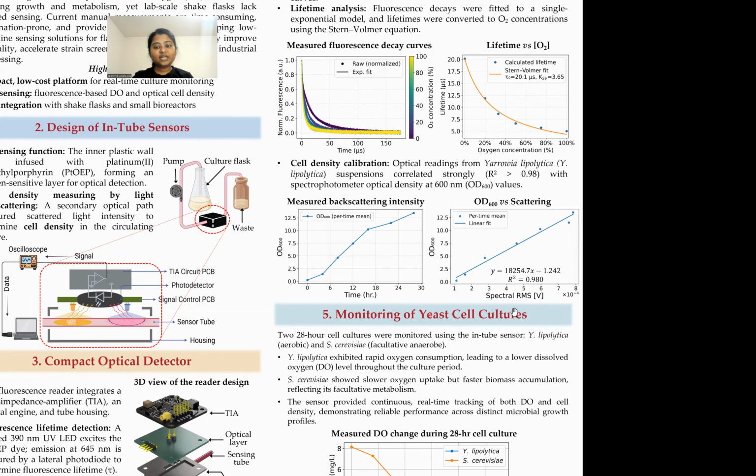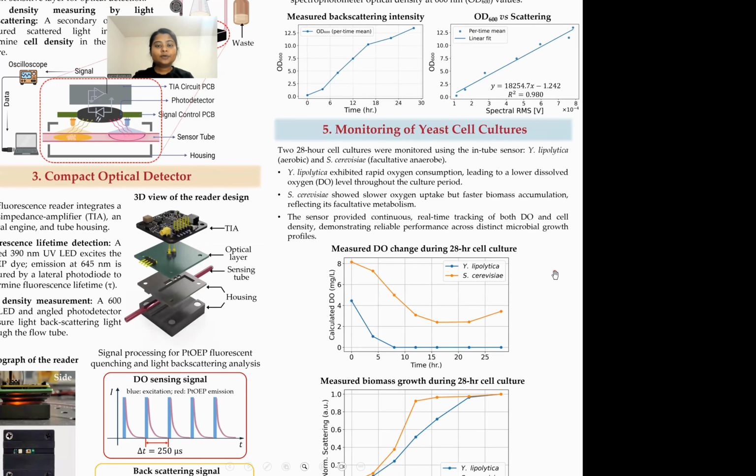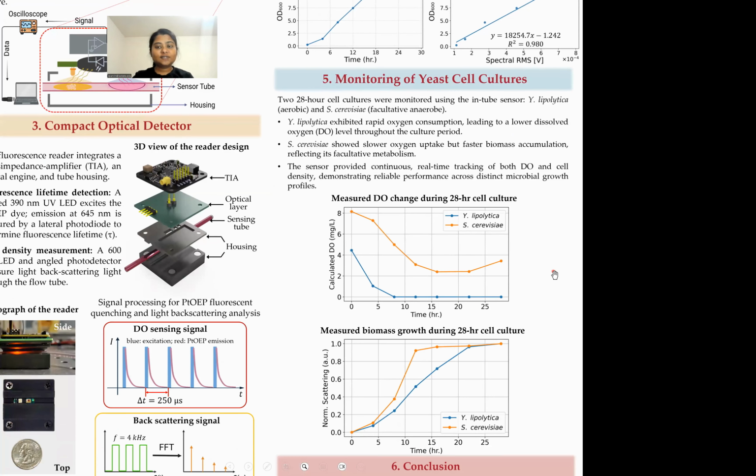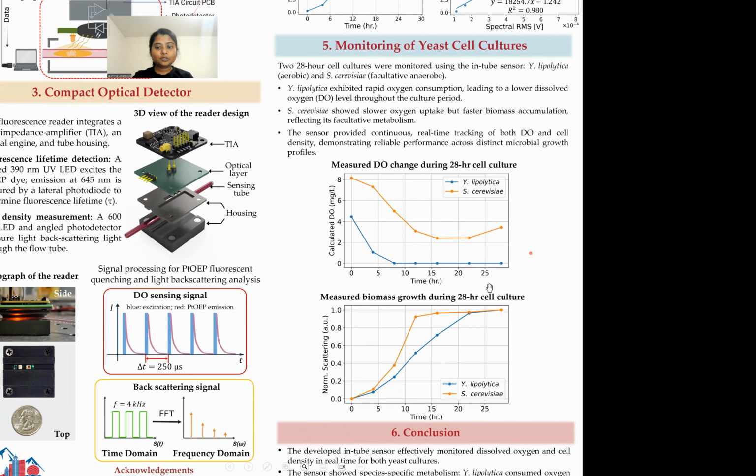Further, to illustrate our system, we also culture two different kinds of yeast cells, Yarrowia lipolytica, which is an aerobic cell, and Saccharomyces cerevisiae, which is a facultative anaerobe. That means it does not require oxygen for its survival. Using our system, we monitor over a course of 28 hours that Yarrowia lipolytica consumes oxygen very rapidly and then results in a very low dissolved oxygen in the system for the remainder of the culture time.